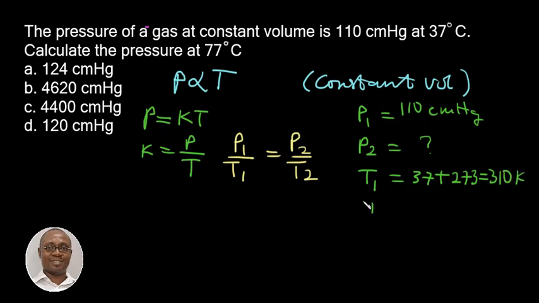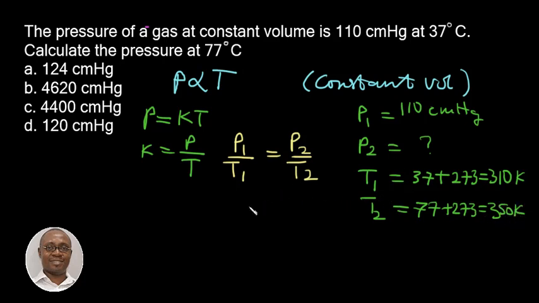Then for the second temperature, which is 77 degrees Celsius, if we add the 273 to convert it to Kelvin temperature, we have 350 Kelvin.